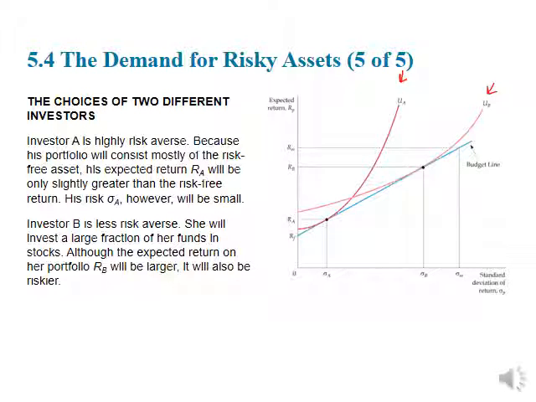The degree of extra risk that each investor is willing to bear in order to earn their maximum expected return depends on how risk-averse they are. And less risk-averse investors, so more risk-seeking investors, tend to include a higher fraction of risky assets relative to risk-averse people.